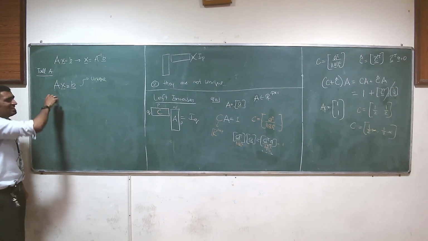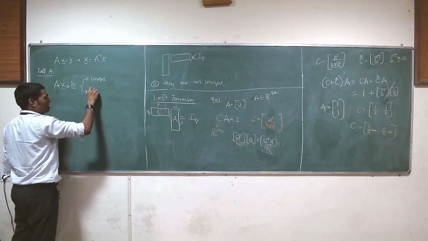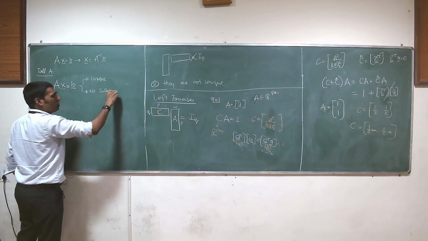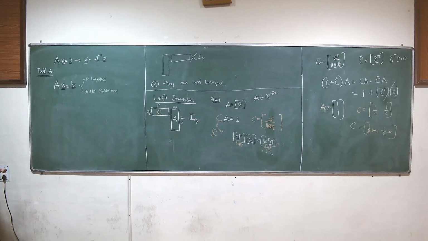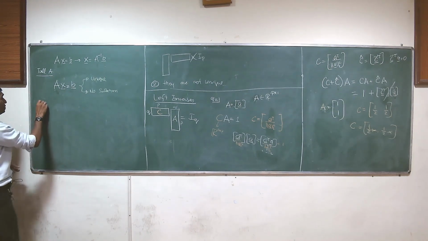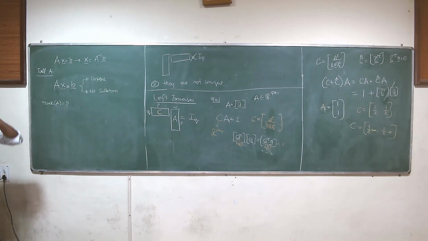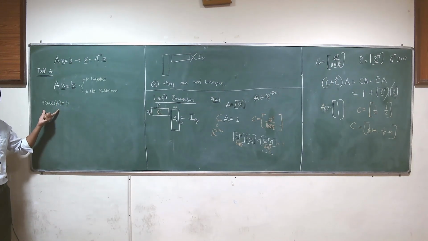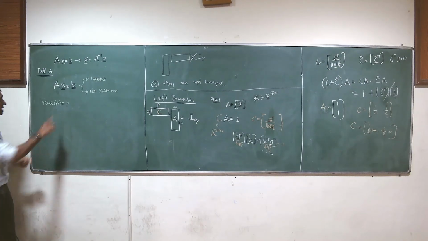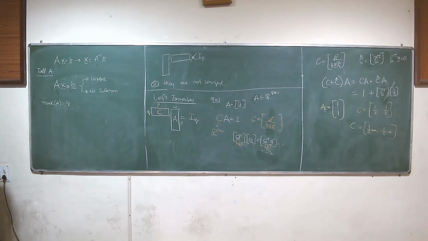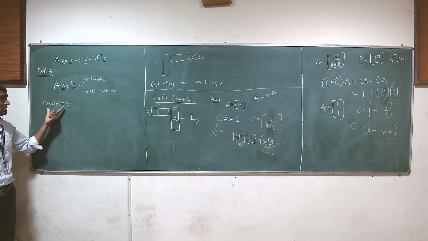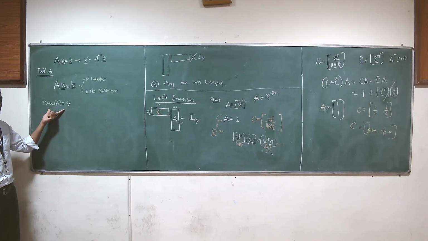No, it's full rank, right? See, if it's full rank, there is no question of infinitely many solutions. Or let me put it this way. Sorry, I'm wrong. If the rank of A equals Q, then when you don't have a situation of infinitely many solutions, you only have unique or no solution.